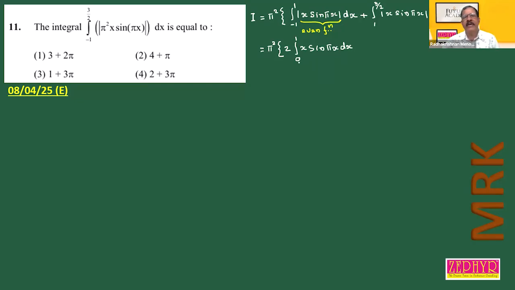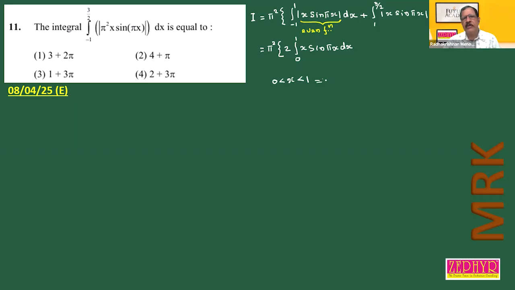X sine pi x, when x is lying between 0 and 1, x is positive and sine pi x is also positive. So we can write it as x sin pi x. Reason I will tell you: x lies in between 0 and 1, so 0 less than x less than 1.